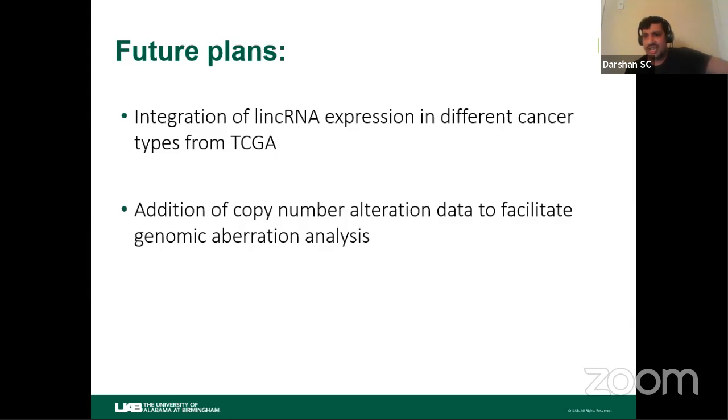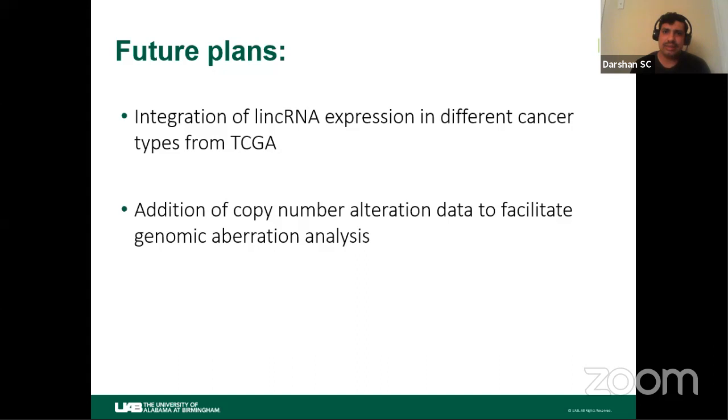Lots of research is being done on long non-coding RNA, which is especially easy to detect in body fluids. We have already gathered the information from TCGA and are integrating that into UALCAN. We also want to expand the UALCAN data with copy number alteration from the whole exome sequencing data from the TCGA and others. So that is the current plan as far as future plans that we are thinking.